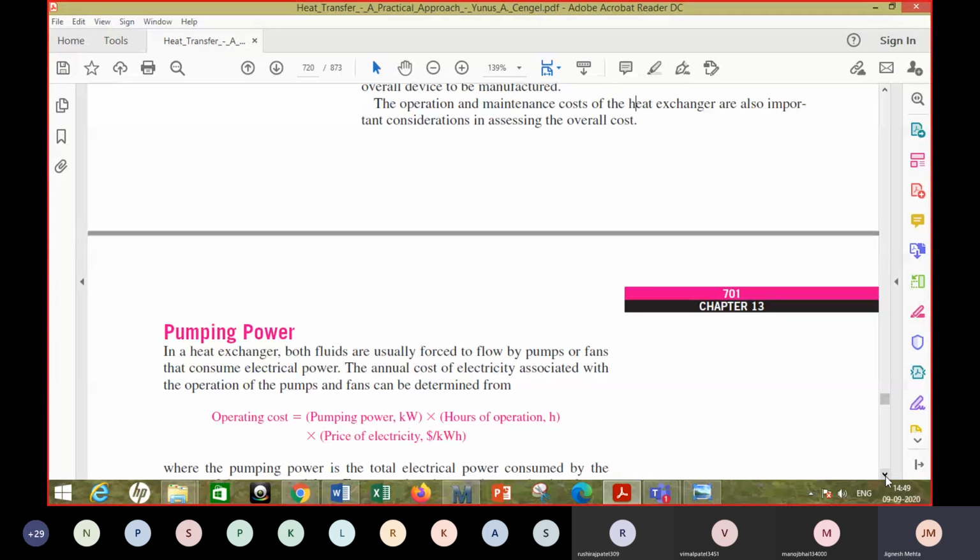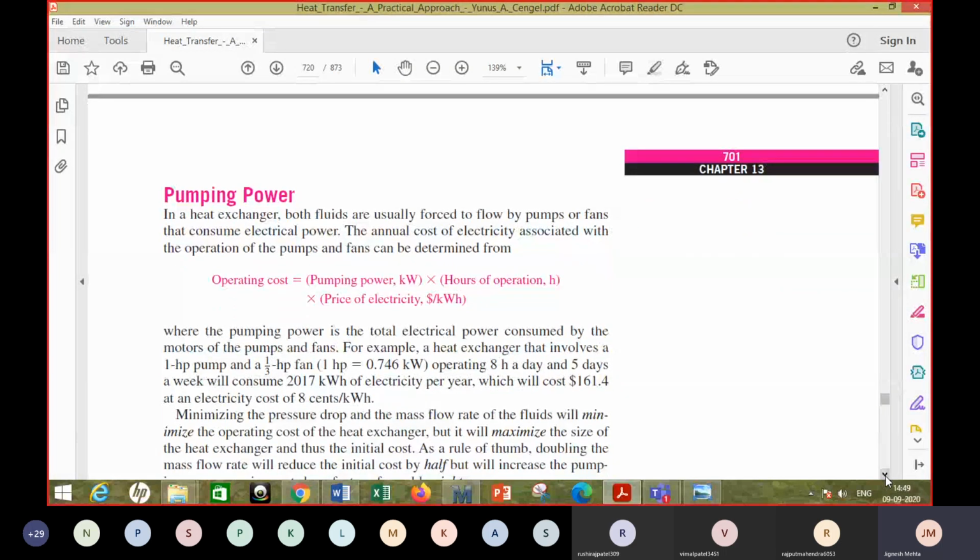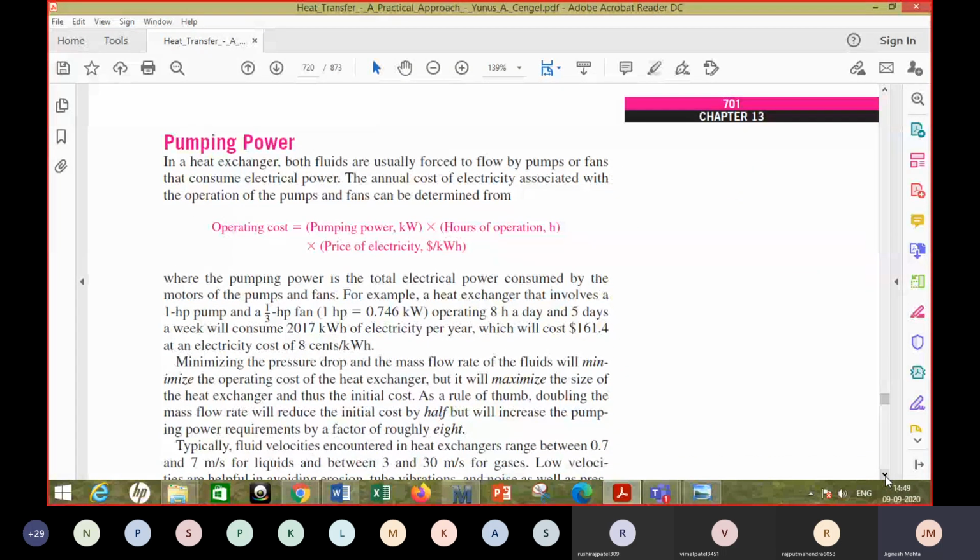So aluminium is cheaper than copper, though the thermal conductivity of copper is better than aluminium. But many times you compromise for a low cost of aluminium and low weight of aluminium as compared to copper. So cost plays many times an important role in selection of heat exchanger or selection of material.